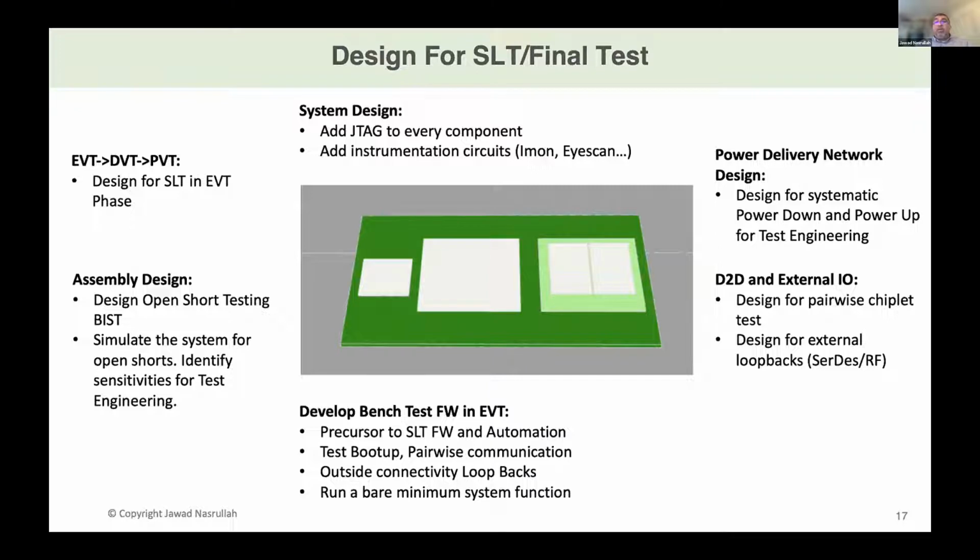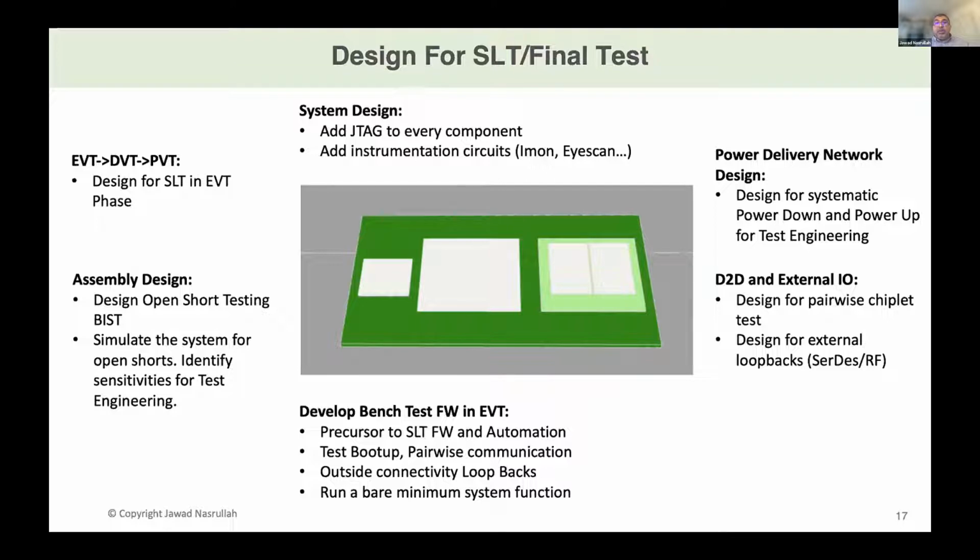We need to think about the power delivery network, and we need to hand that over to test engineers to test, in the sense that power issues are not just critical for the functional version, but also, like Adam mentioned, during tests. The customer cares about the functional, so we have to expose some of that ability to the test engineers to make sure that power delivery does not have any catastrophic issue.